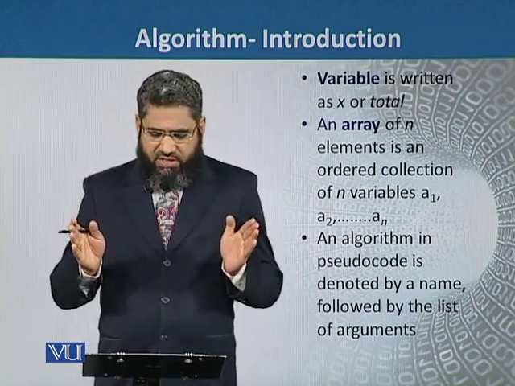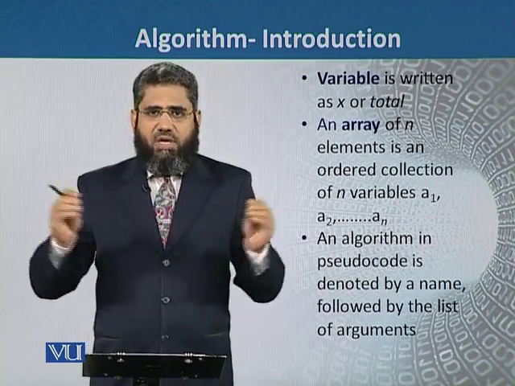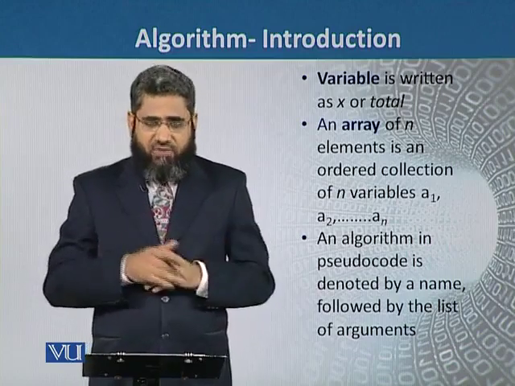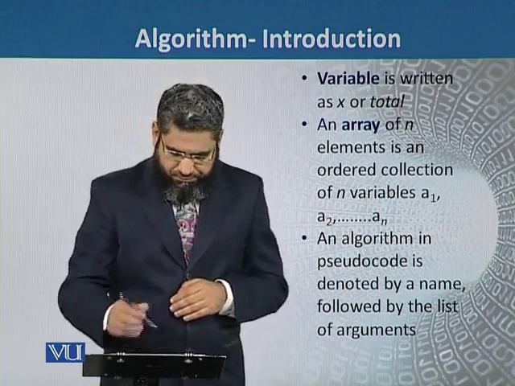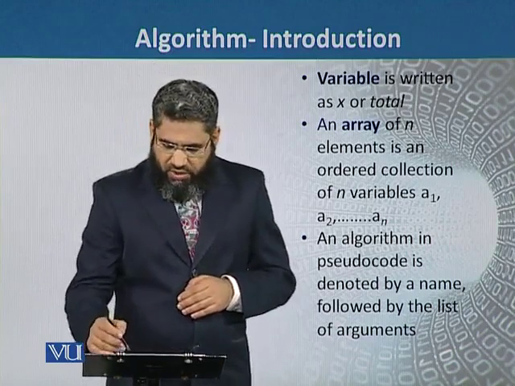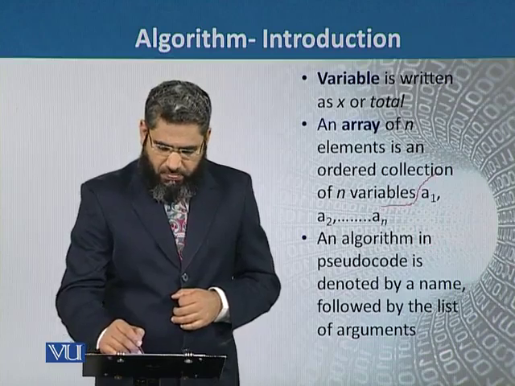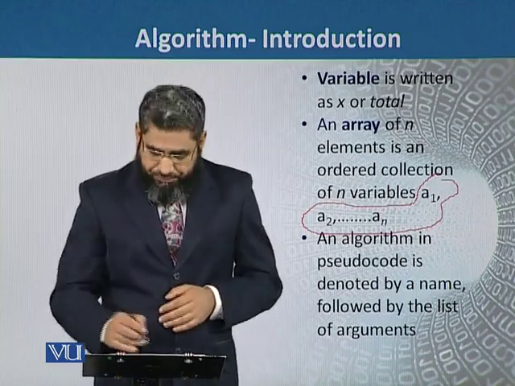An array is a collection of some specific numbers. So n variables, as we can see here, are represented as a1, a2 to an.